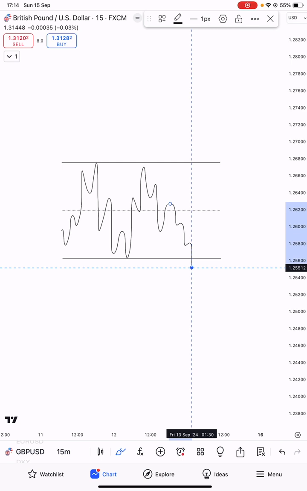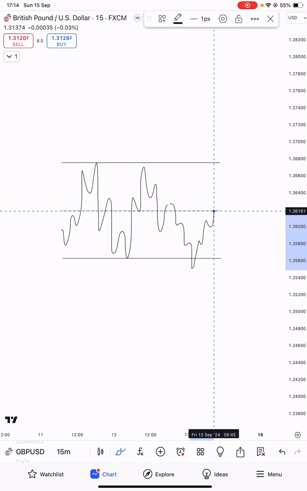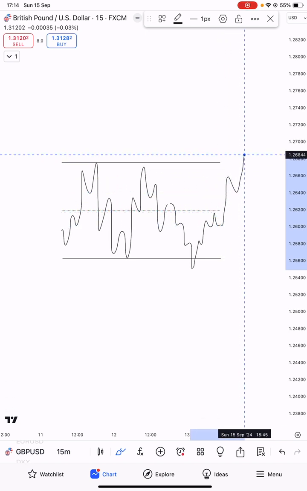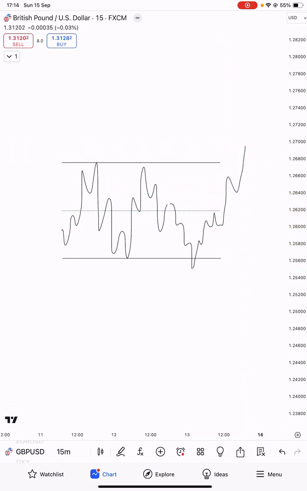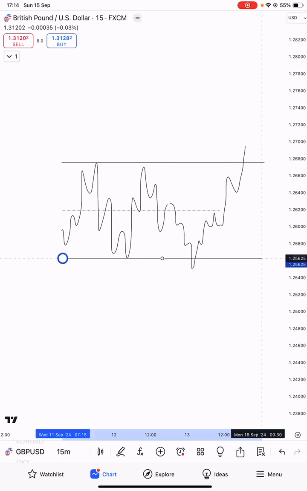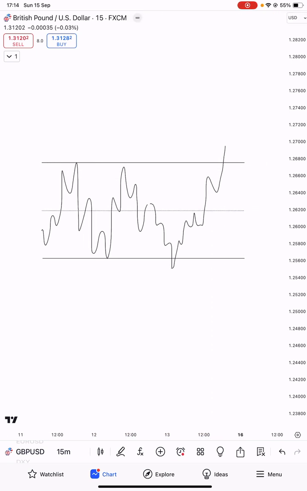You wait for a change in state of delivery, or you go for the blind entry. Either way, you buy the range low, take partials at the 50% of the range, usually witnessing a retracement, and then you take price to the other end of the range. Easy. So that's the main entry of this model.